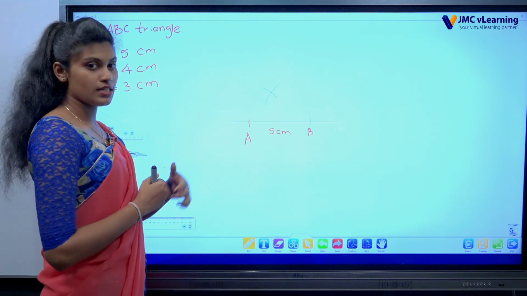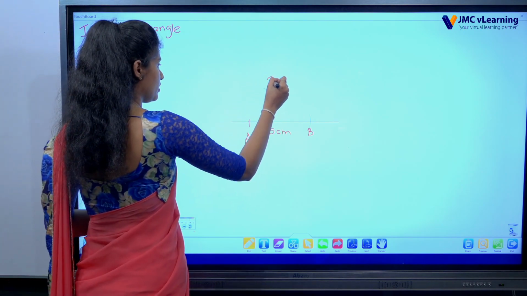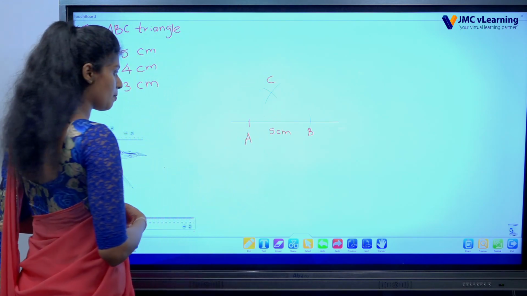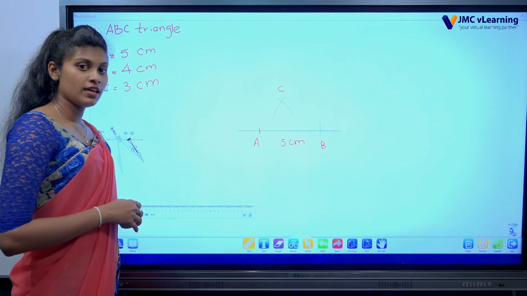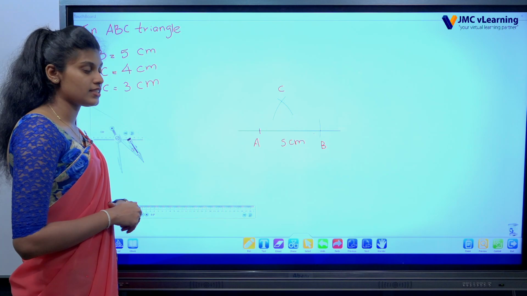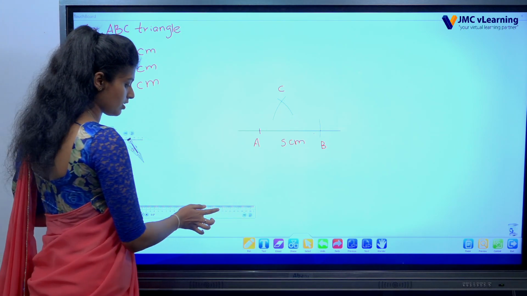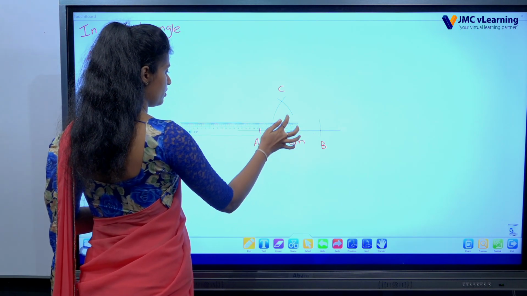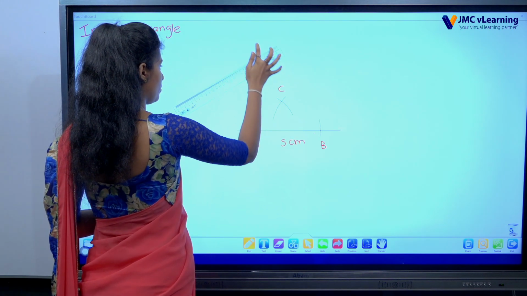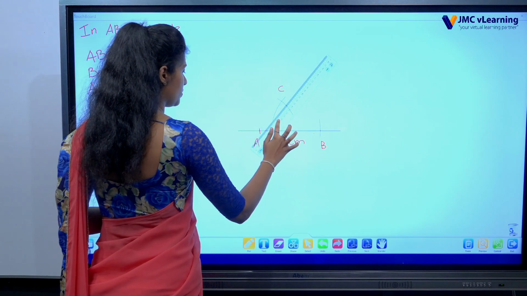Then this is the C point. Let's match that AC and BC. Then let's draw AC and BC line. Take the ruler and let's draw AC and BC line.